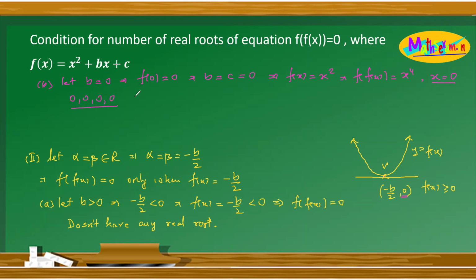So you can say there are 4 real and equal roots and only one distinct root.